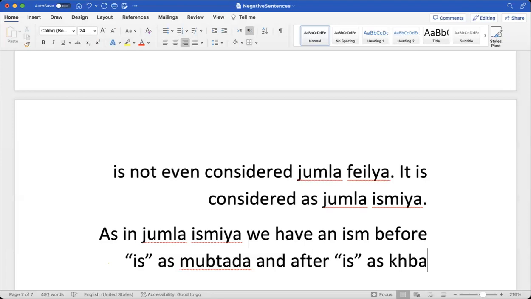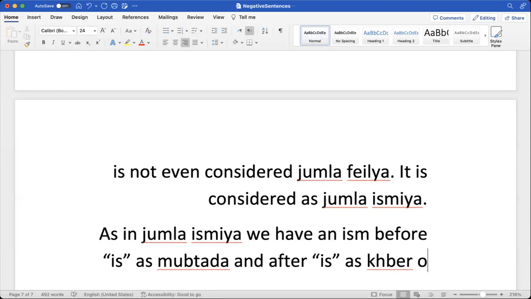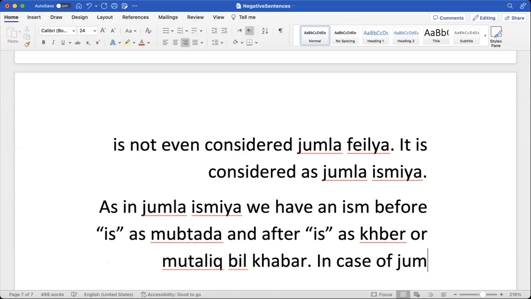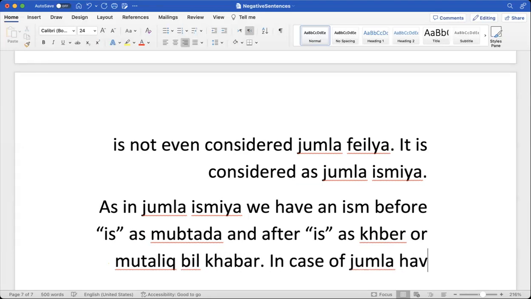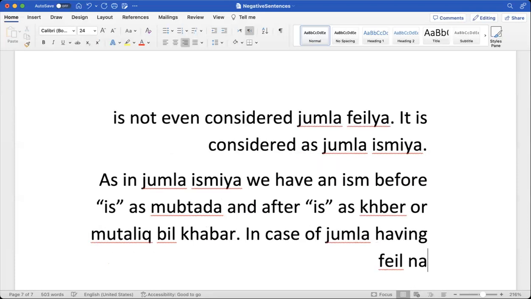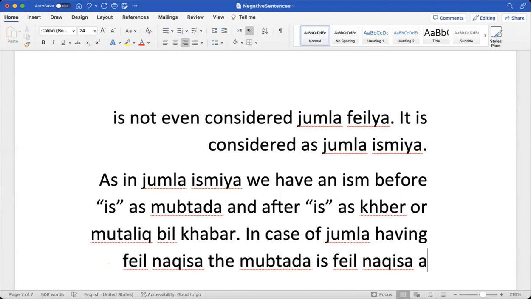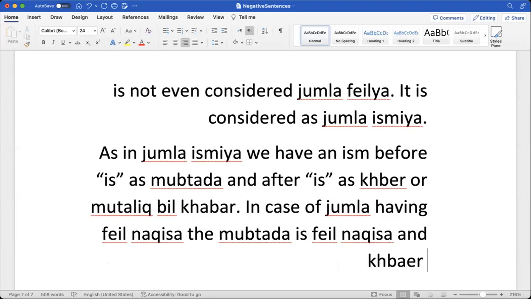As Khabar or Mutalik bil Khabar. Correct? In case of Jumla having fi'il Naqisa, the Mubtada is fi'il Naqisa itself. Okay? And Khabar comes after it. Khabar Mutalik bil Khabar.